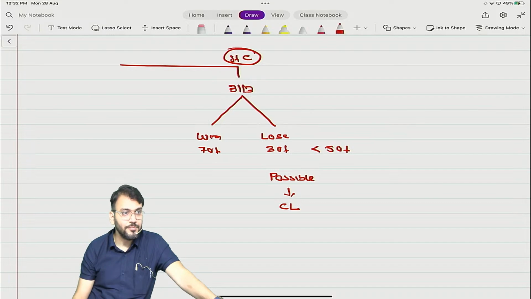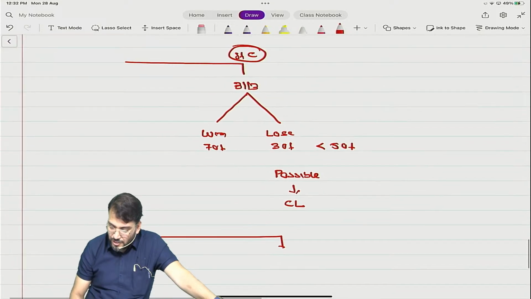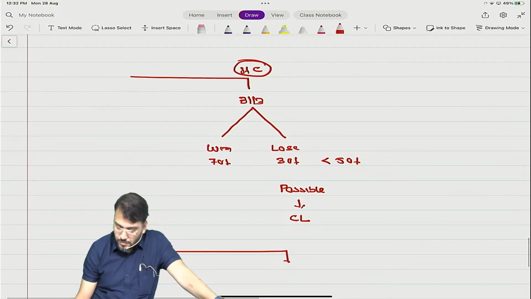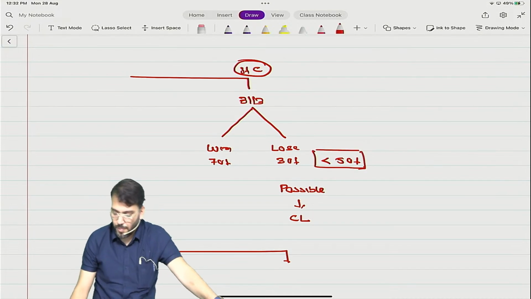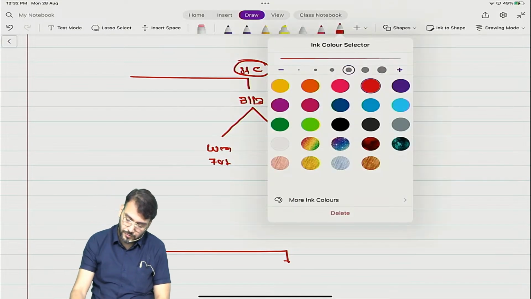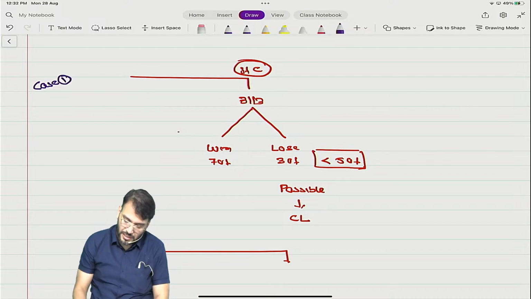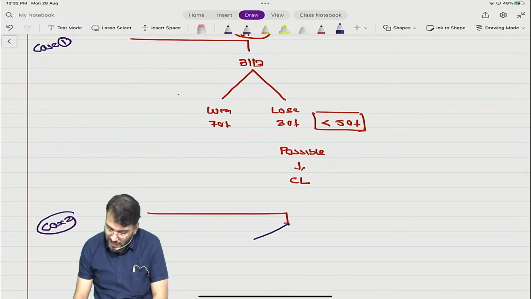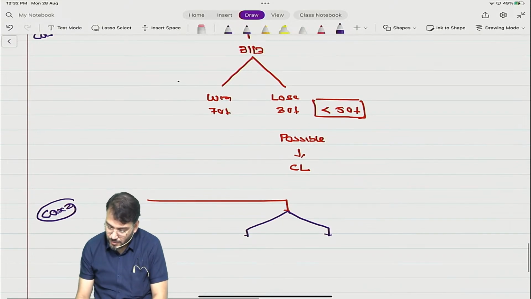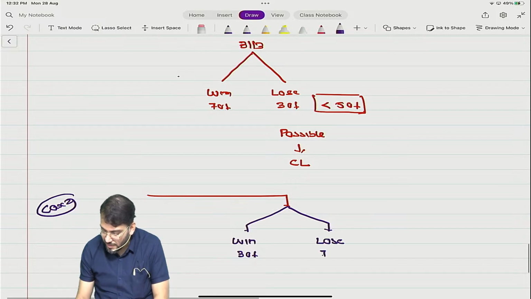Have you understood this point? Correct? Second case. Write down this. Case 1 you understood? Case 2. Same High Court case is pending. Now win is 30% and lose is 70%.